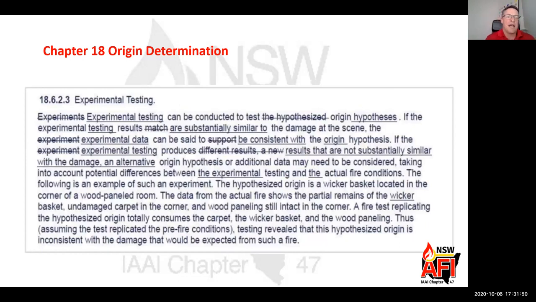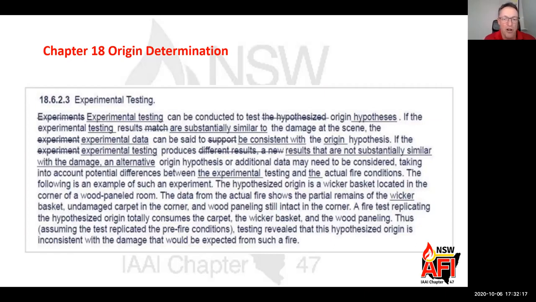And then it talks about experimental testing. This is trying to conduct tests to hopefully identify origin hypotheses. Experimental testing results are substantially similar to the damage of the scene. So it's saying you can use it if it is consistent with what you're seeing at a scene, but sometimes the results are not substantially similar with the damage.